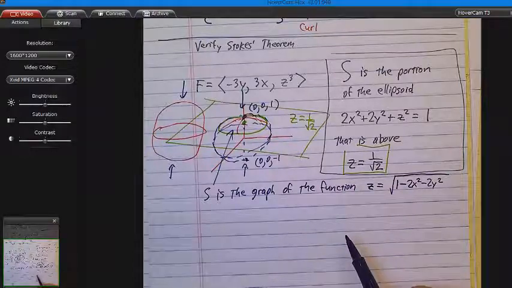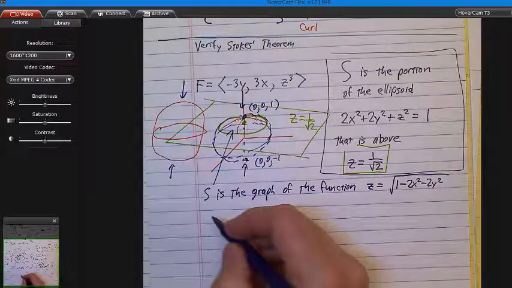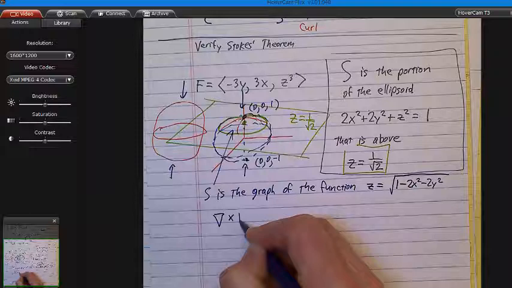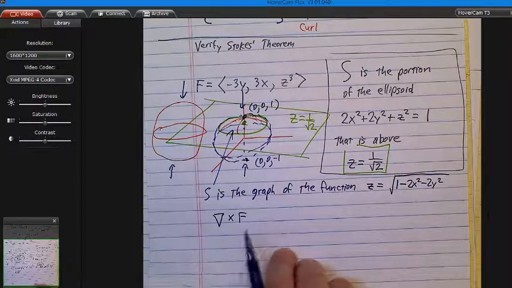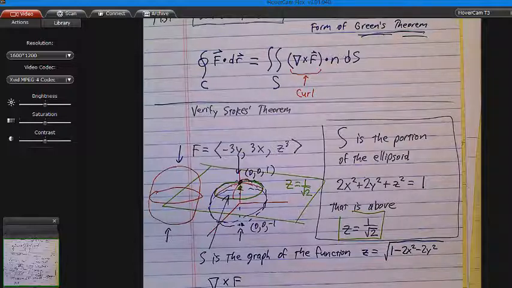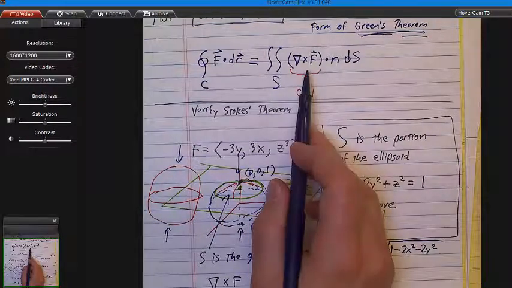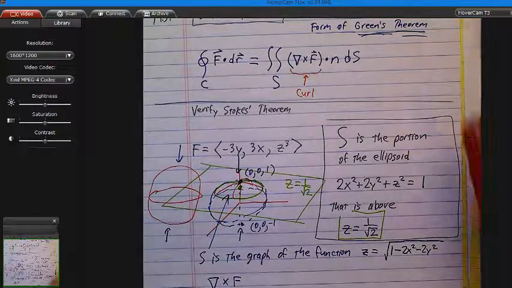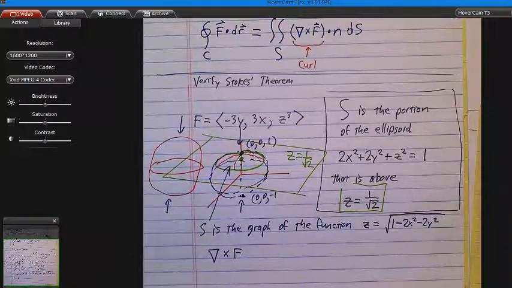And what else do I need? Well, I need to think about the gradient cross f, because that's going to be involved, right? I mean, Stokes' theorem says we have that. So I'll need to do gradient cross f, and I'll also need a normal vector.